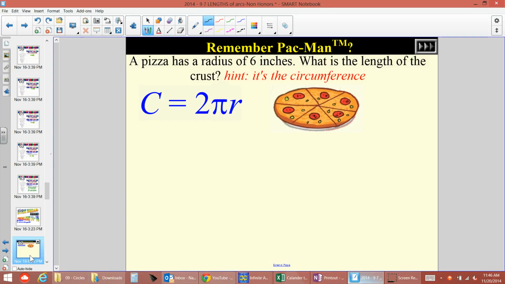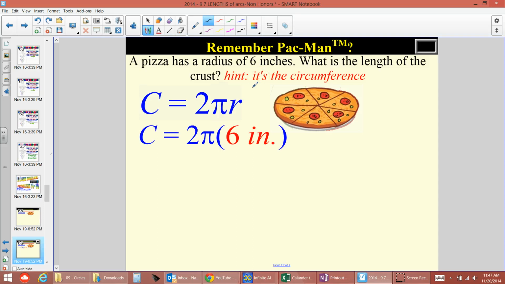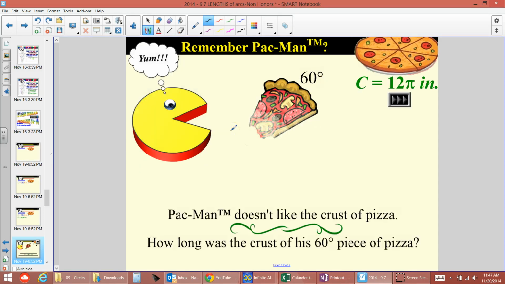And then Pac-Man, so Pac-Man's eating this pizza. The circumference of the pizza is 2 pi r. The radius is 6 inches. The whole length of the crust is 12 pi inches. That's how long the crust is. Now, if he eats a piece of pizza that's 60 degrees in size, then I want to know how long is just his crust.